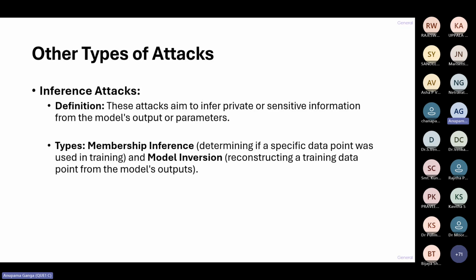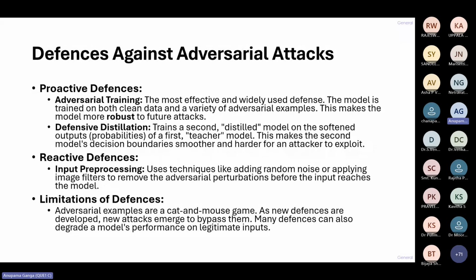And there are some more different types of attacks also. Okay, so basically, sorry, I forgot to move the slide, but these were the proactive defenses we were talking about.